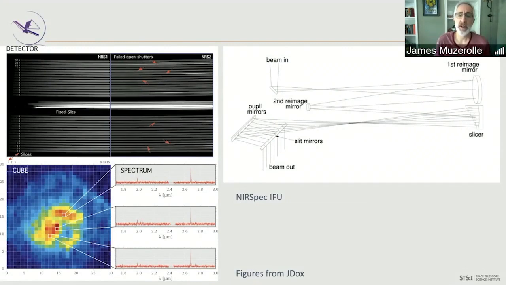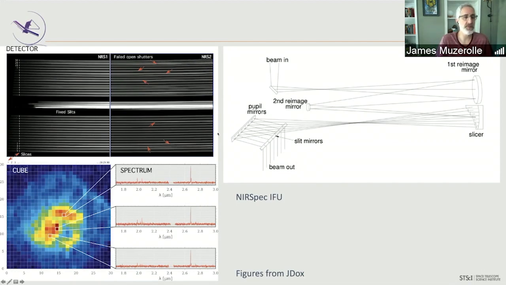And here the data products provided by the pipeline are rectified 3D cubes in RA, Dec, and wavelength space. This slide shows some examples of what this data looks like, actual data and schematically. At the top right is a schematic of the optics for the NIRSpec IFU and how the image of the sky is split up into slices using an image slicer, and the spectrum for each of those slices is re-imaged onto the detector, as demonstrated in the top left.